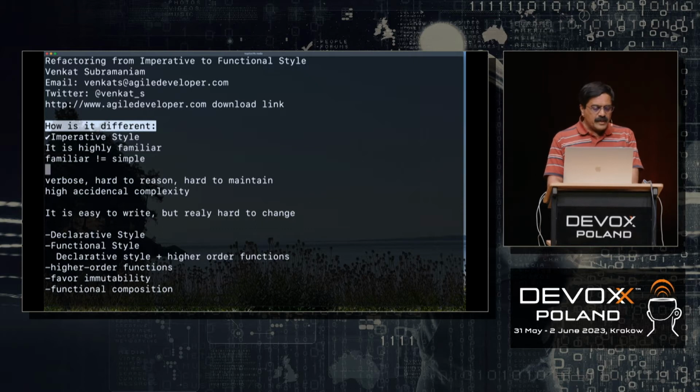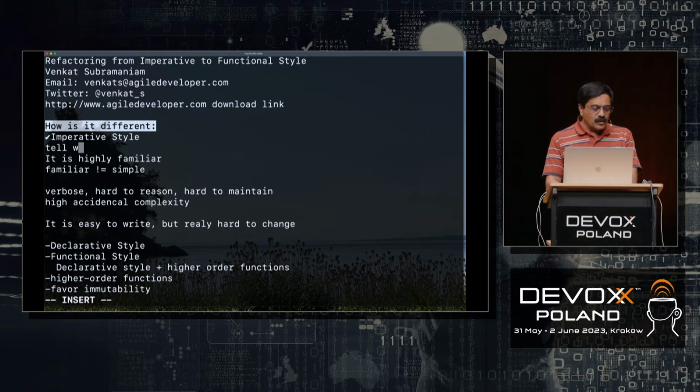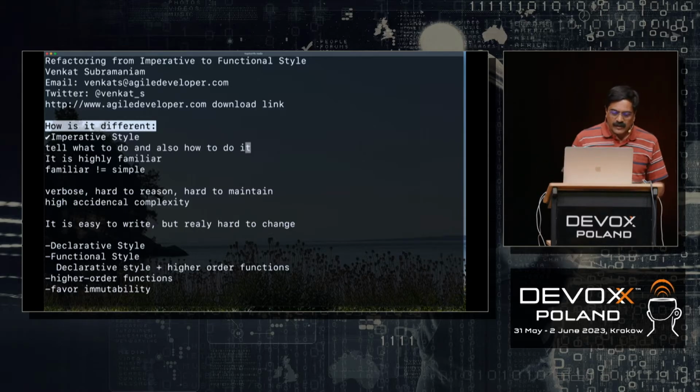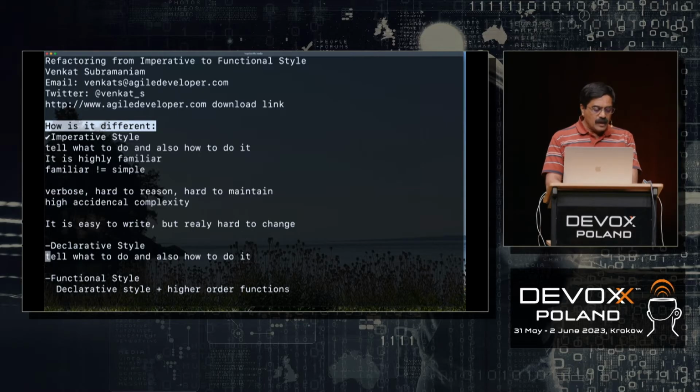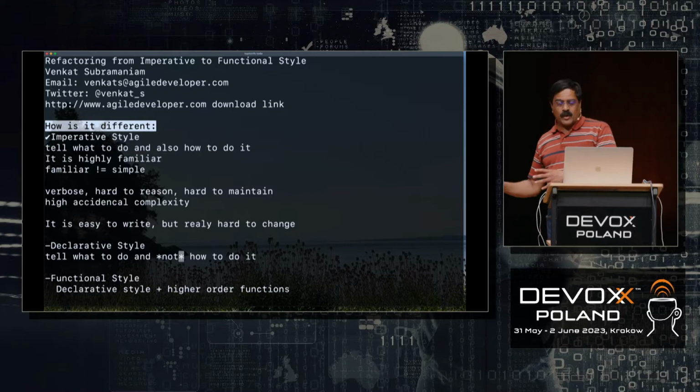But of course, in the imperative style, like I said, we tell what to do and also how to do it. This is basically what we do in imperative style. On the other hand, in the declarative style of programming, we tell what to do and not how to do it. So we focus on telling what we want to accomplish.